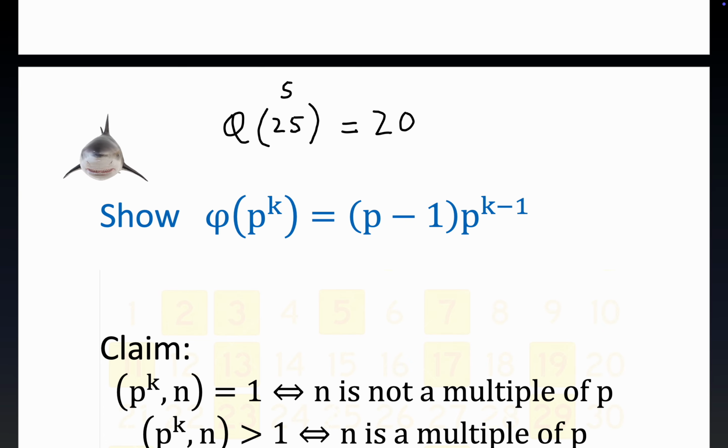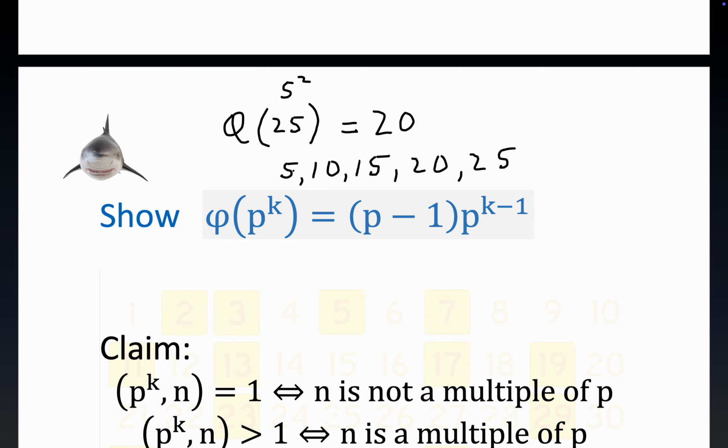This is not too hard to see if you just consider the possibilities: 5, the multiples of 5, 10, 15, 20, and 25 itself.